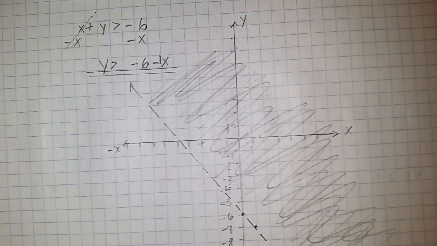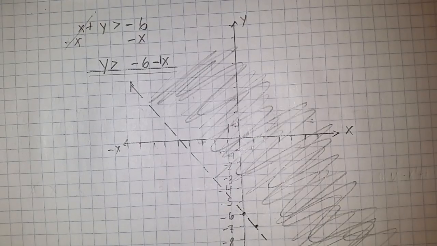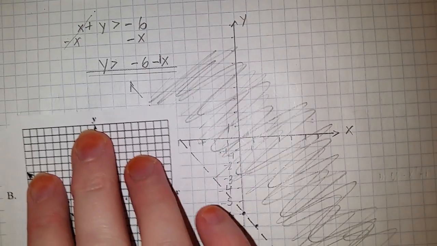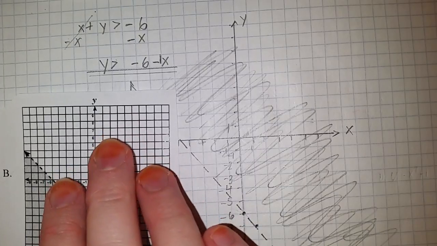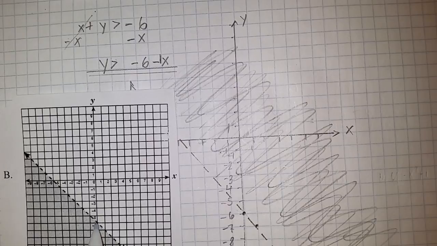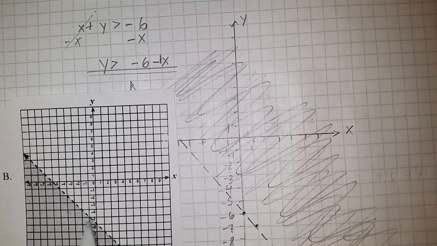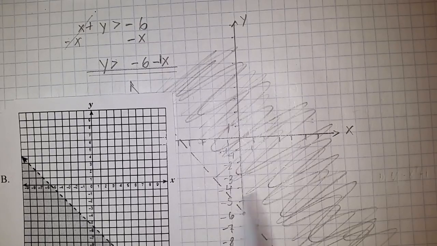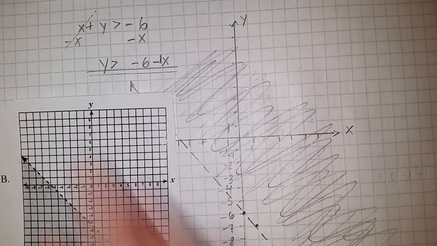So A would not be an answer. Now let's look at answer choice B. While answer choice B is going through -6 as the y-intercept, and it is a dotted line again, and it is a falling graph, it's still shaded below. Our graph is shaded above, so it's not B either.